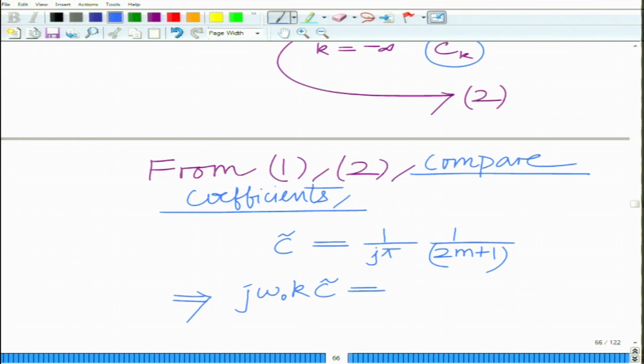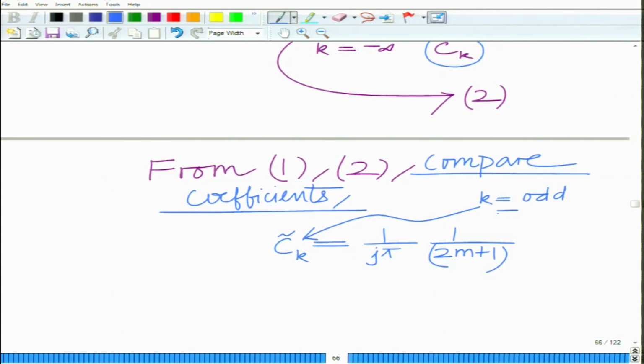Now, remember this is c tilde k, and this is only for k equal to 2m plus 1, that is, for k odd.